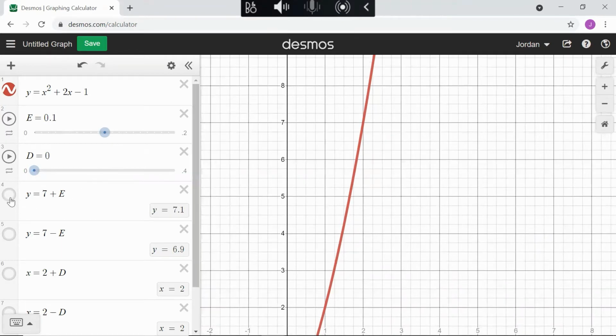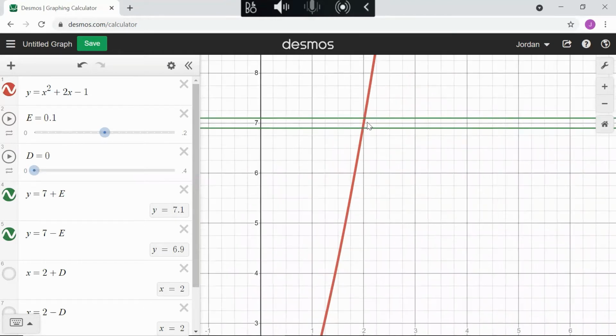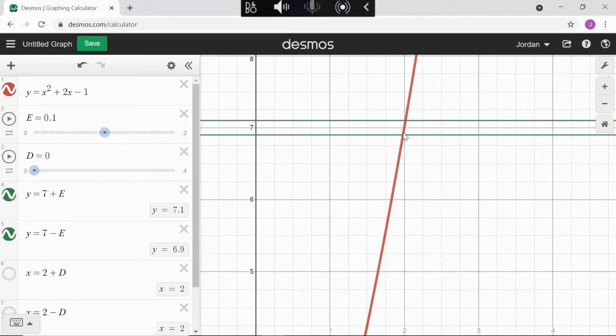If we want to be within 0.1 of the number 7, that means I need to be in this little section right here. I want all of my outputs to be within this little section. Well, how does that translate down into my inputs?